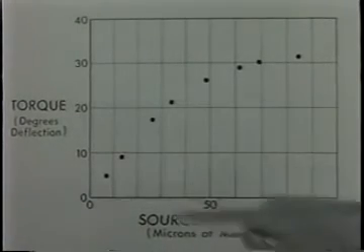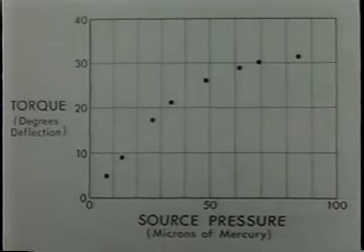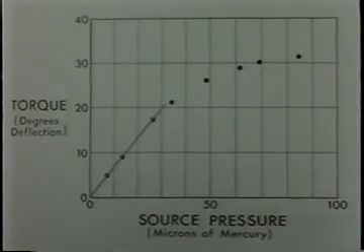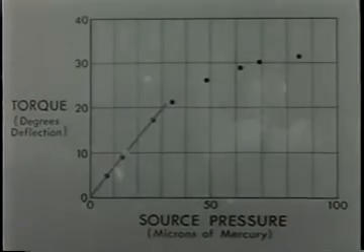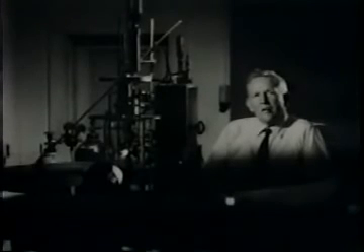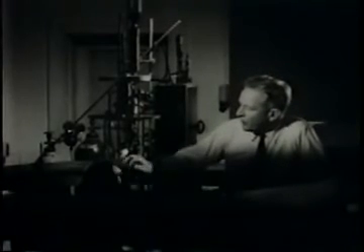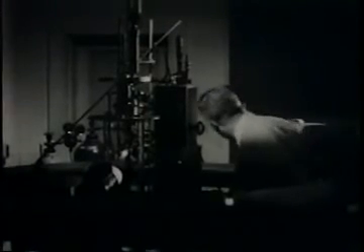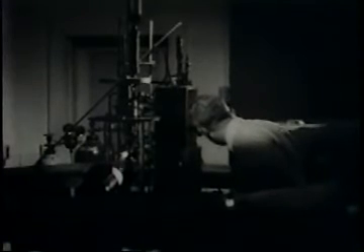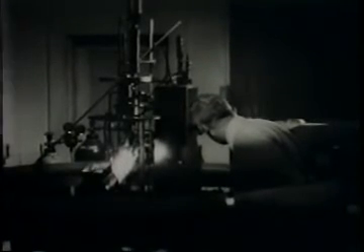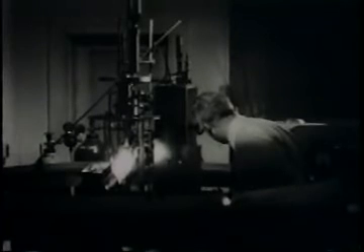Now, we're going to hold the source pressure constant and change the temperature of the target. We'll heat the target with this lamp. We see a deflection in the same direction, just as though I had increased the source pressure.